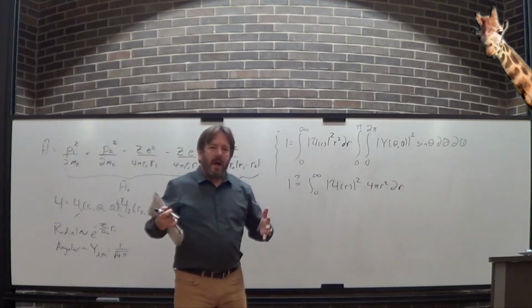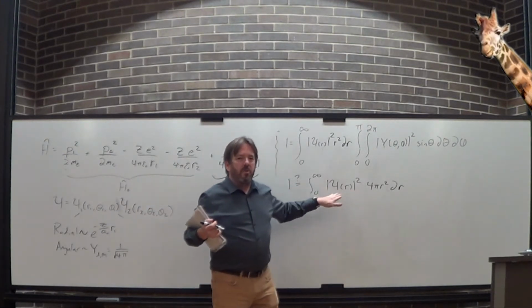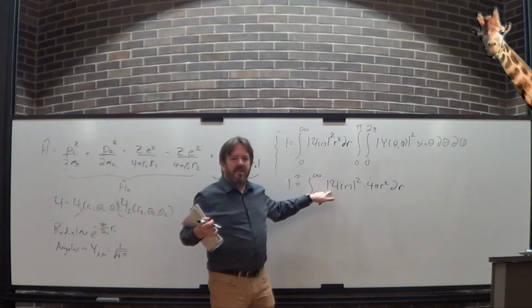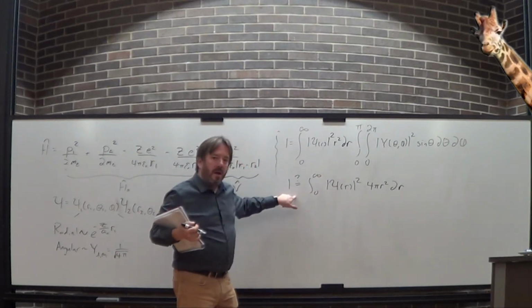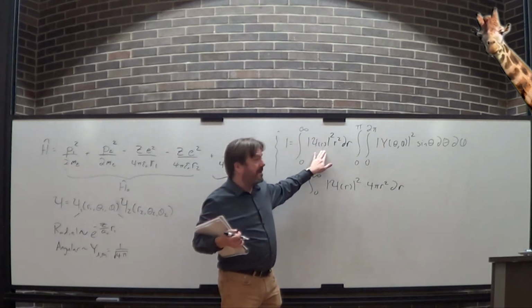When you look online, people know that you're often going to do this, so they use a normalization that makes this true. But notice that this will not have the same normalization, because heads up.